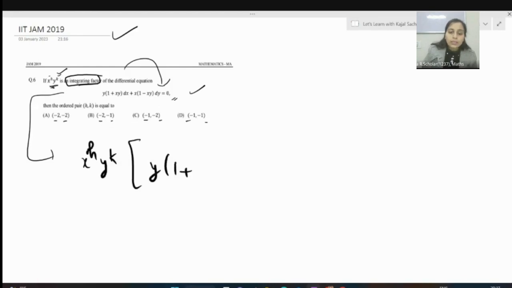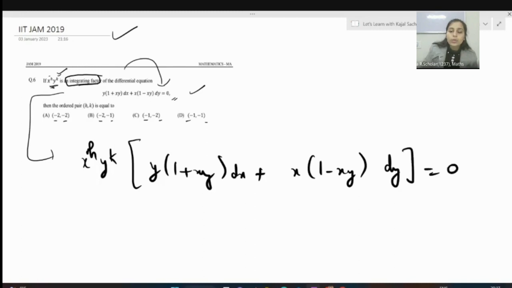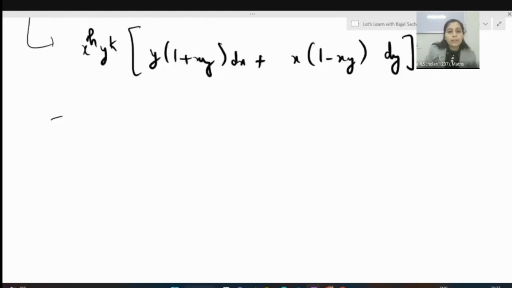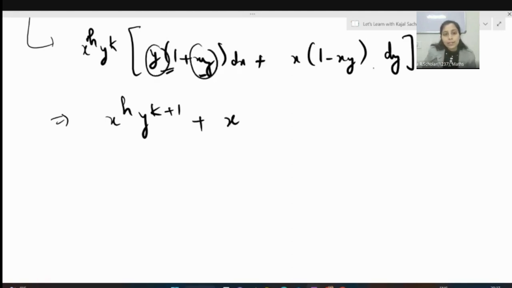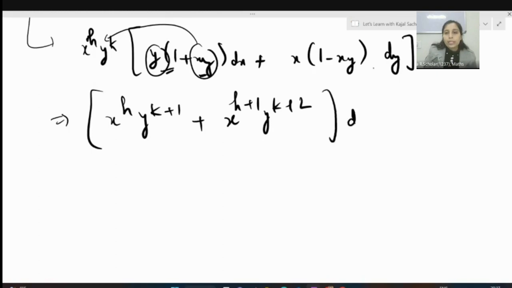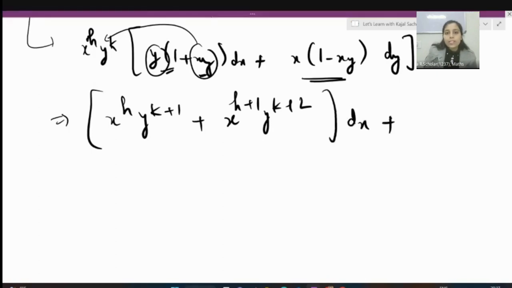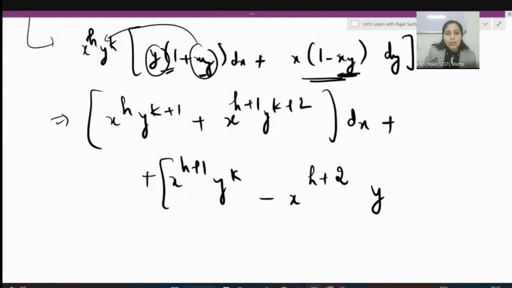The given equation is y(1 + xy) dx + x(1 − xy) dy = 0. Let's multiply this by x^h y^k, which gives x^h y^(k+1) + x^(h+1) y^(k+2) dx + (x^(h+1) y^k − x^(h+2) y^(k+1)) dy = 0.